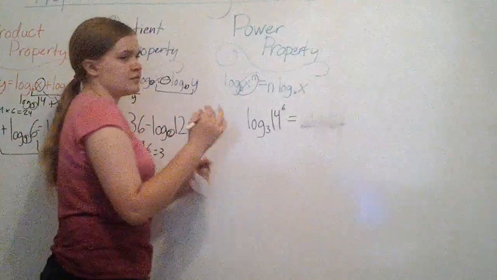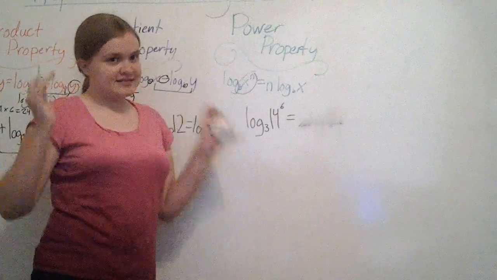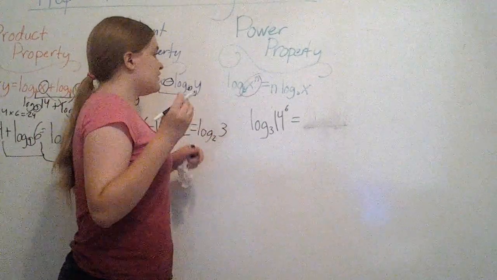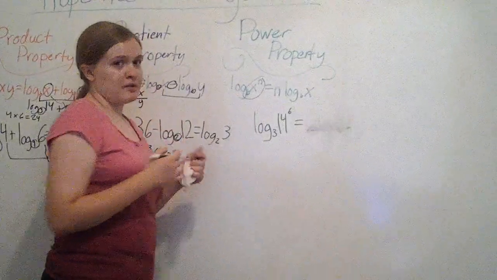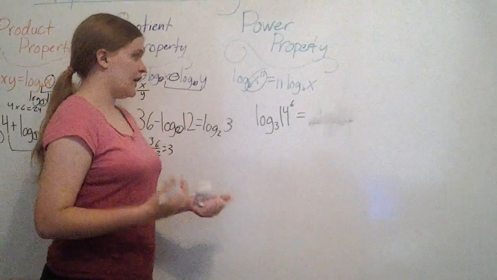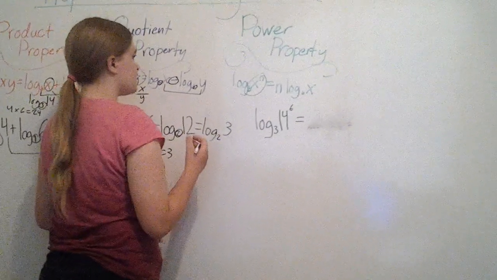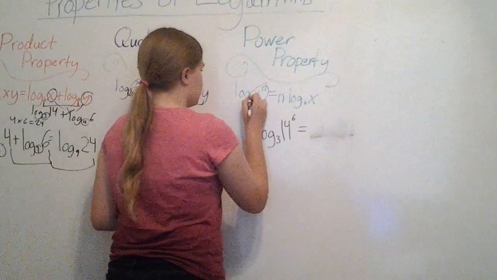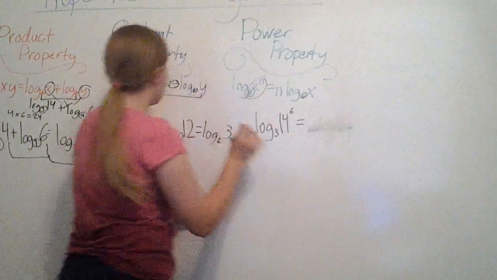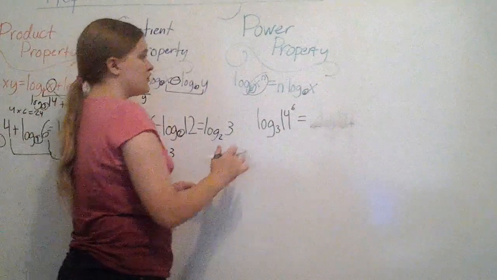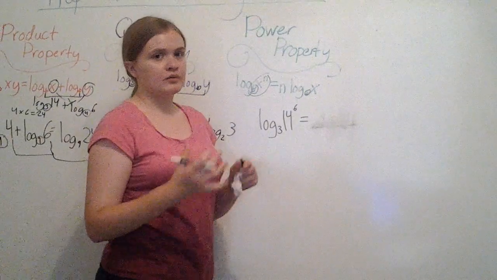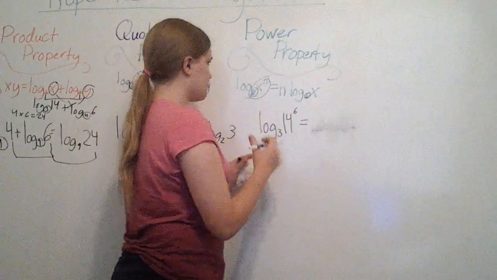We have a b, an x, an n, and then the n magically teleports. This one is actually easier to comprehend than the other two, it just looks more difficult. Again, your base will stay the same, but we're not adding or subtracting anything, so it's only the logarithm that's changing.